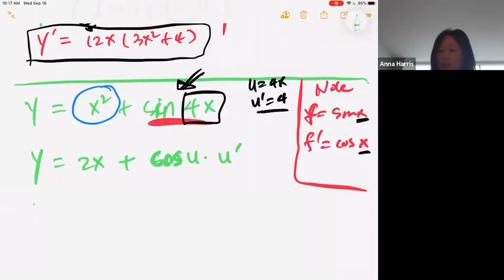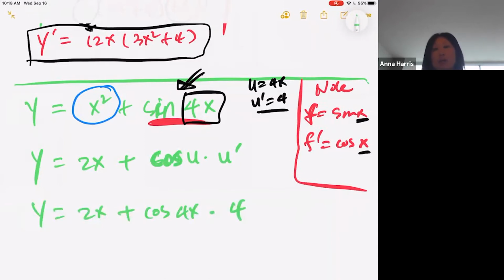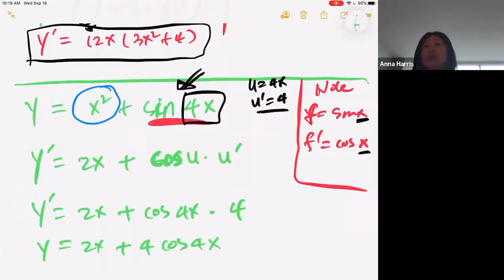In the next step, you're going to say y prime is equal to 2x plus cosine 4x times 4. Usually you put the number in the front, so you have 4 cosine 4x, and you're done.